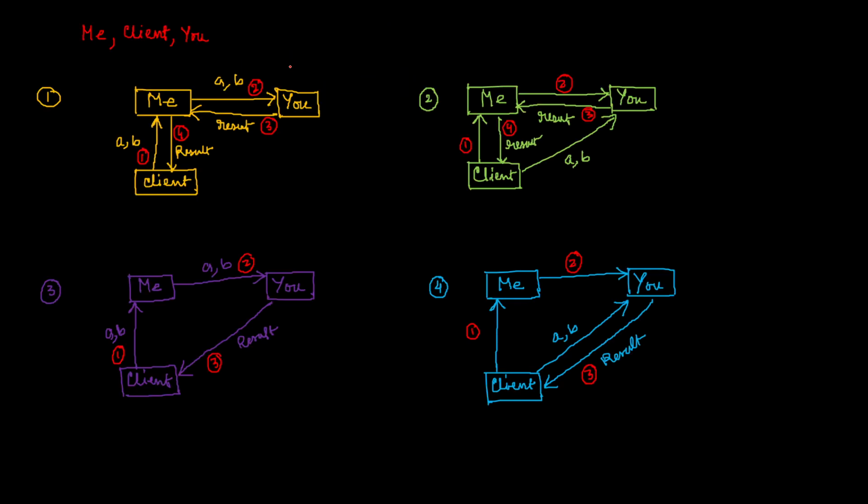Return type is what we call the data type of the value that is returned from you to me. But in one case there is no return type because you are not returning a result to me over here. You are not returning a result to me in case 4. So if there is no return from you to me, then the return type is what we call void.